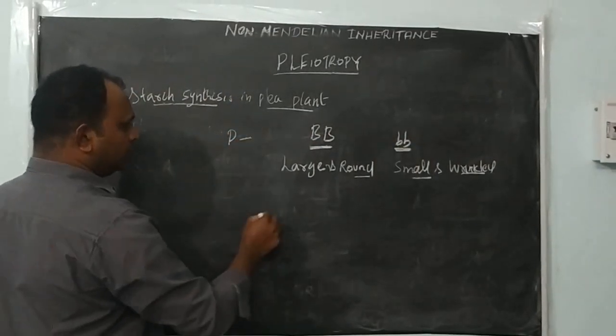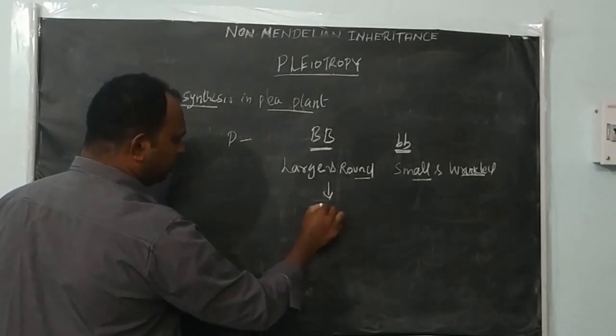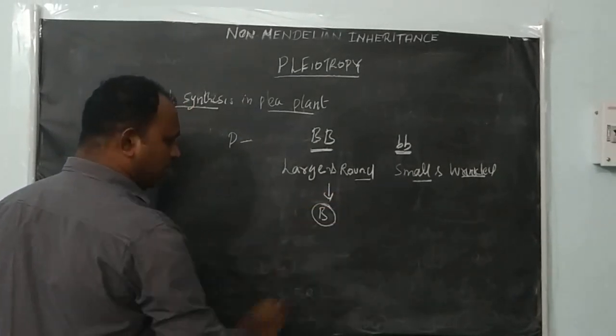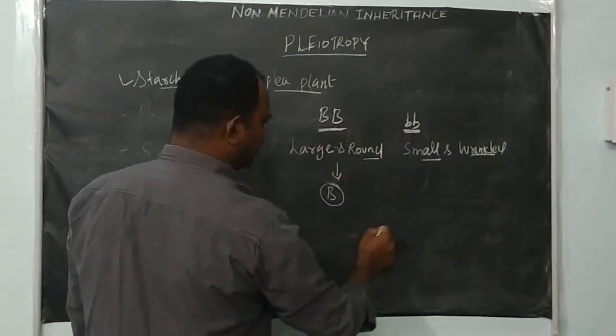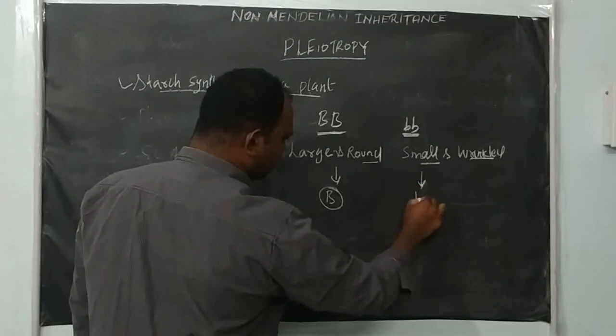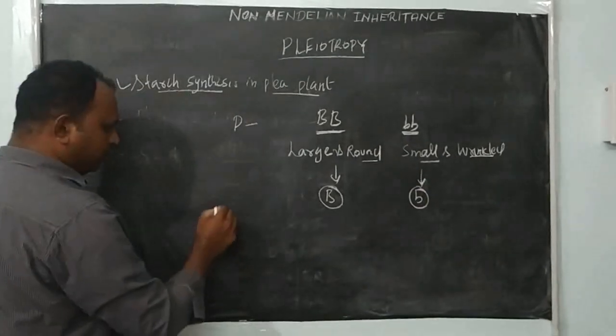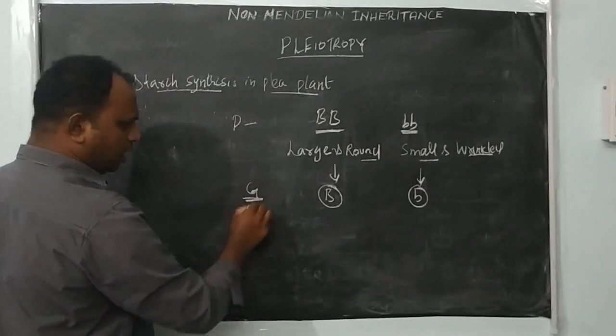Pure breeding. This particular plant produces only one kind of gamete, because it is homozygous dominant. This one produces gametes with the recessive b allele. These are the gametes.